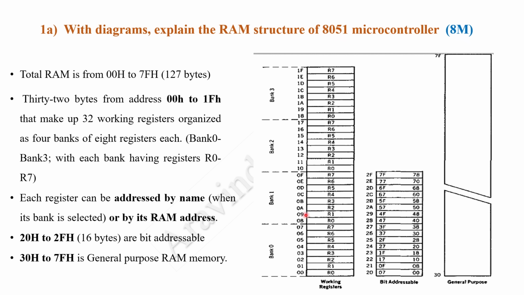The first set from 00 up to 1FH is the register banks. Then from 20H up to 2FH is the bit addressable memory, and from 30H up to 7FH is the general purpose RAM. So you have to write this structure and provide sufficient explanation about all these different types of RAM representations.